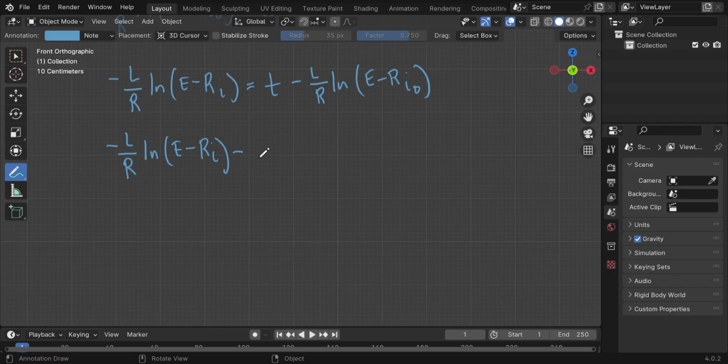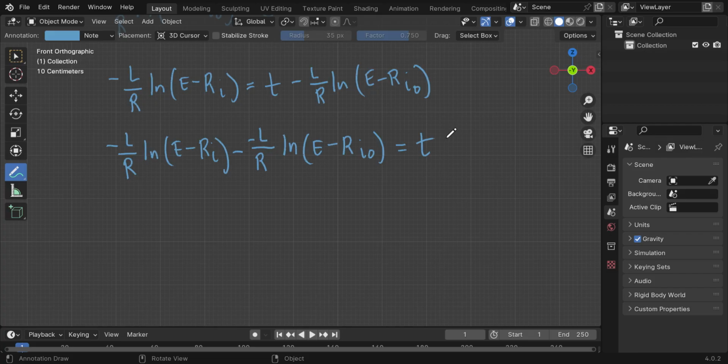You'll see why in a second. Minus R I0 equals t.